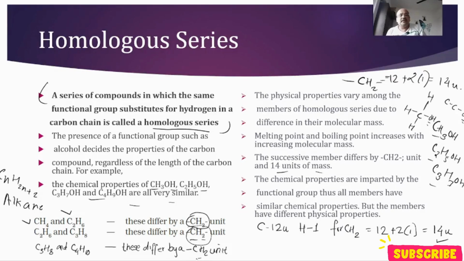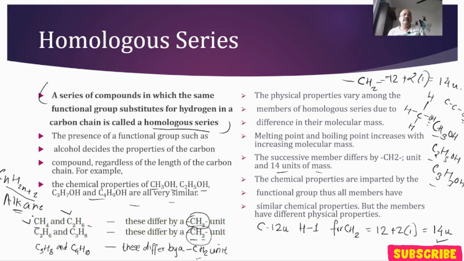Now, let us see an example of alkanes. We all know what an alkane is: CnH2n+2. In alkanes, we see methane and ethane.